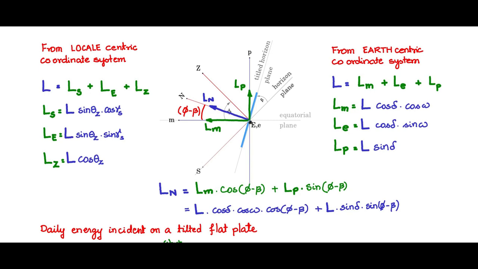At some latitudes and some days of the year, the sun may rise above this horizon first and then above the other. In other cases, the sun rises above the tilted horizon first and the horizon plane next, depending upon whether it is in the northern or southern hemisphere. So let us say the sun rises above the horizon of the locality, then we call it omega_SR. It has still not risen above the horizon of the tilted plane.